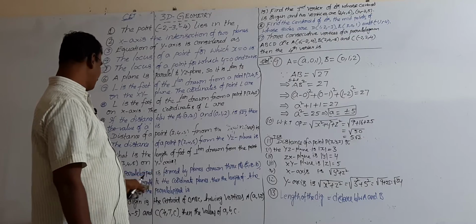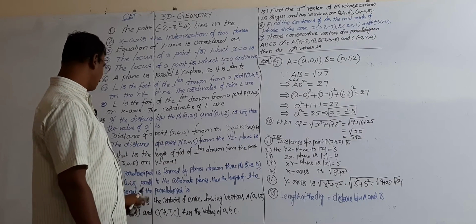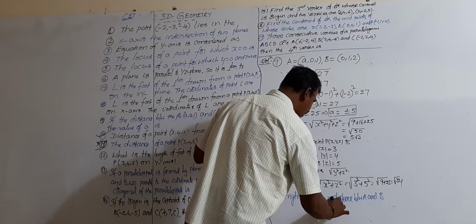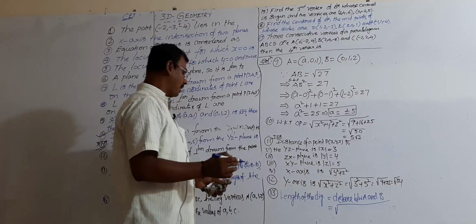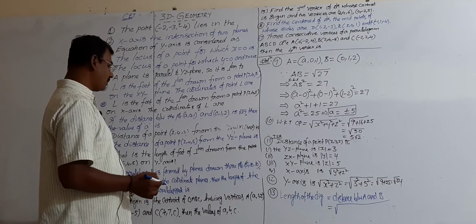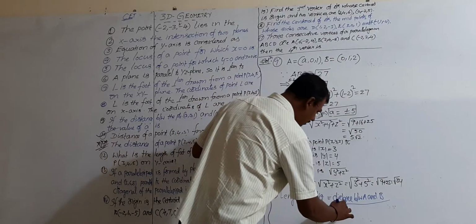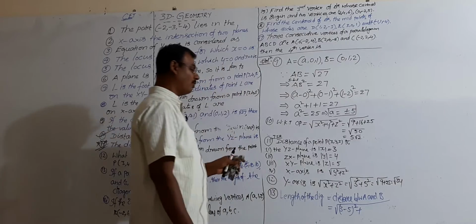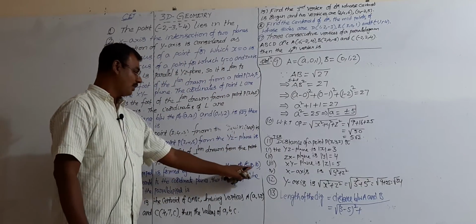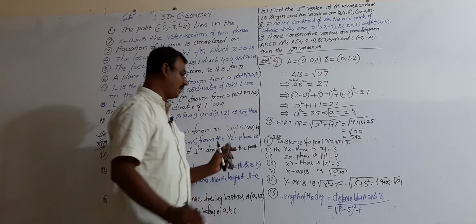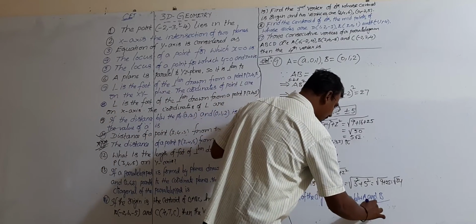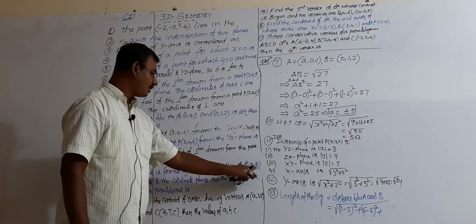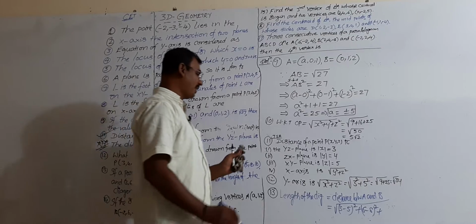What is point A? (5, 8, 10). What is point B? (3, 6, 8). Distance is equal to square root of (x2 minus x1) whole square, that is (3 minus 5) whole square, plus (y2 minus y1), that is (6 minus 8) whole square, plus (z2 minus z1), that is (8 minus 10) whole square.